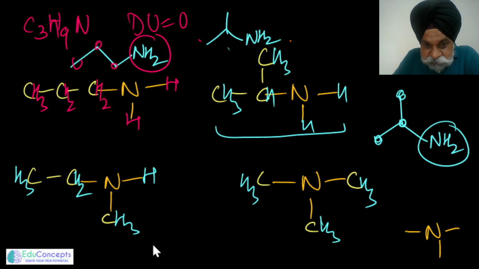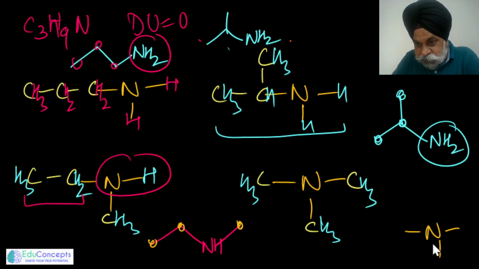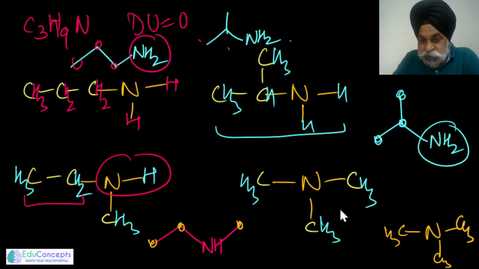Similarly, I can show this one like this, NH, to which on one side there are 2 carbon atoms and on the other side there is 1 carbon atom, and this simply would be shown like this, N CH3 CH3.